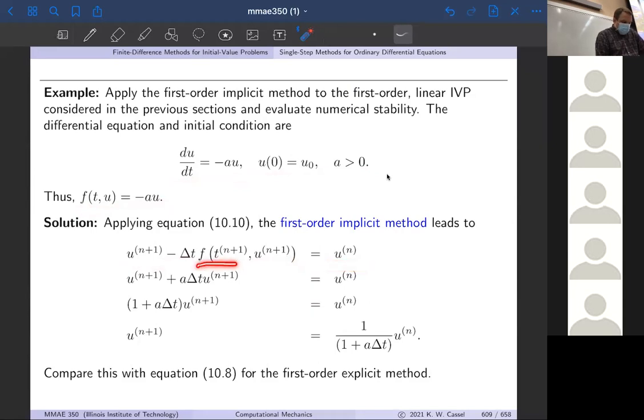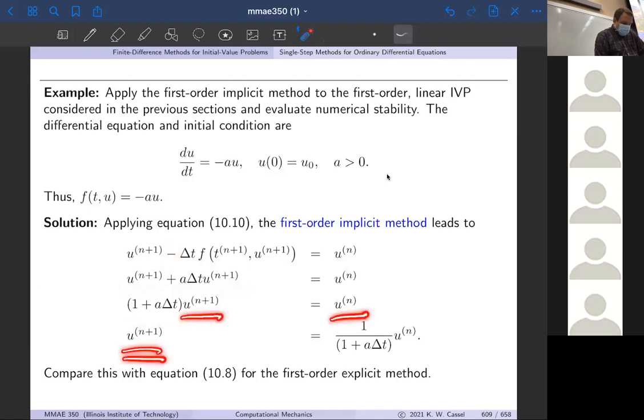Okay, well, the f of t, u, that's minus a u. So that's plus a times u^(n+1). Once again, I have u^(n+1) in both terms. So if I factor it out, I have (1 plus a delta t) times u^(n+1) is equal to u^n. Solve for u^(n+1), and I now get 1 over (1 plus a delta t) times u^n.